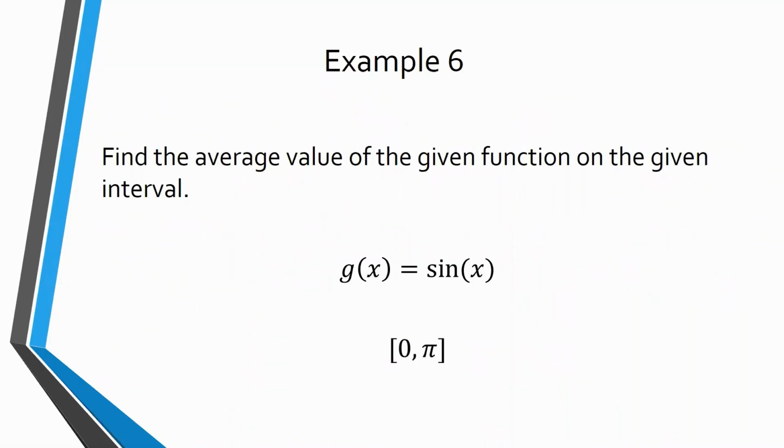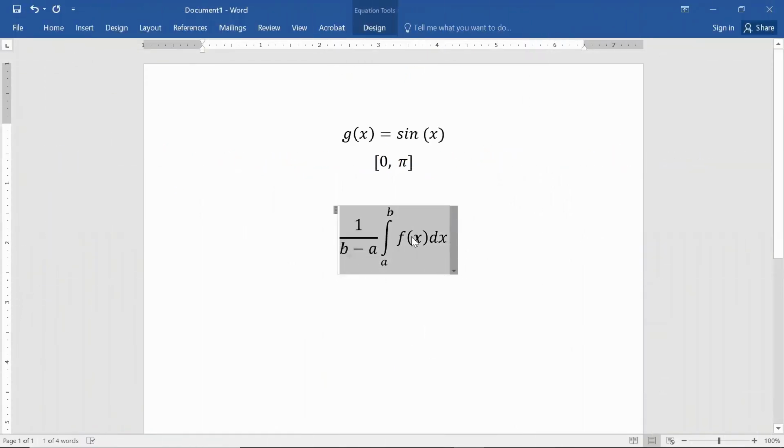Let me do another example. In this example, we're finding the average value of g of x equals sine of x over the interval from 0 to pi. This is a pretty straightforward example, so let's just get at it. Our function here is g of x equals sine x from 0 to pi. Average value formula, you can see right there.